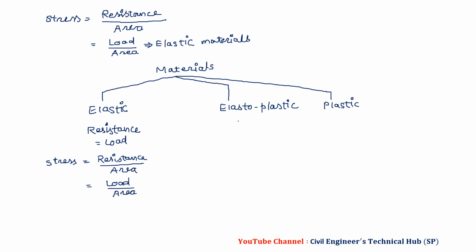If we will go elastoplastic, some part of the load is utilized for plastic deformation, and therefore we are not going to regain original shape and size, and therefore your resistance is less than load, and therefore in elastoplastic you have to use stress equal to resistance upon area. Now in plastic, whatever deformation you get, that deformation is permanent.